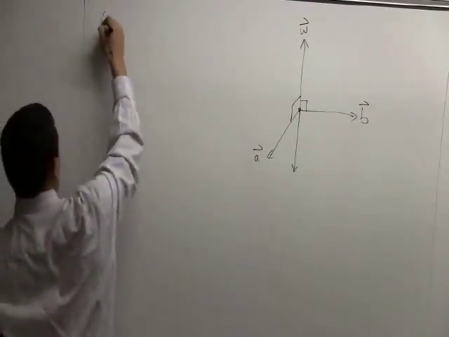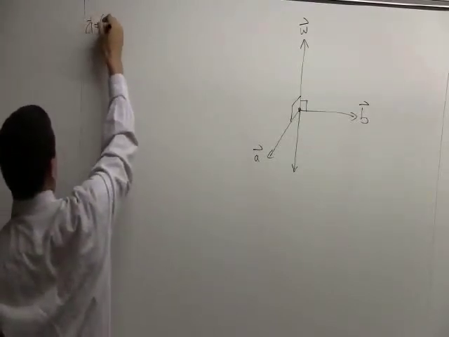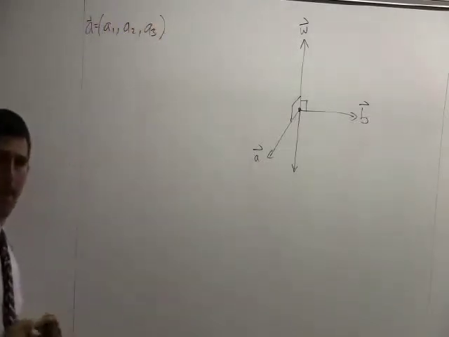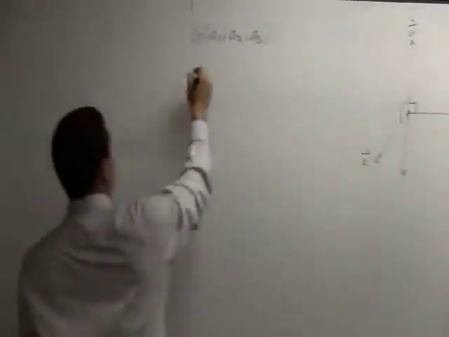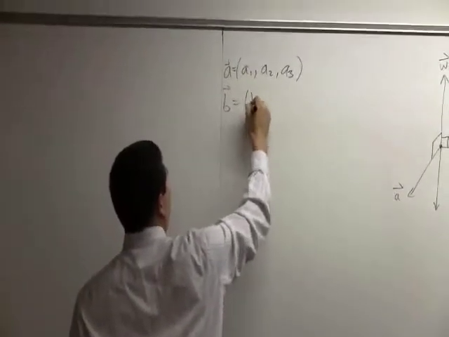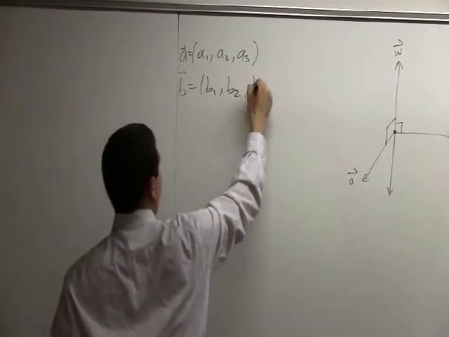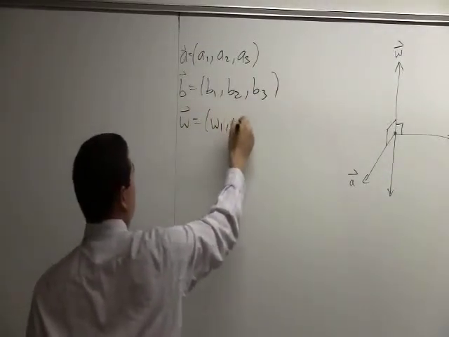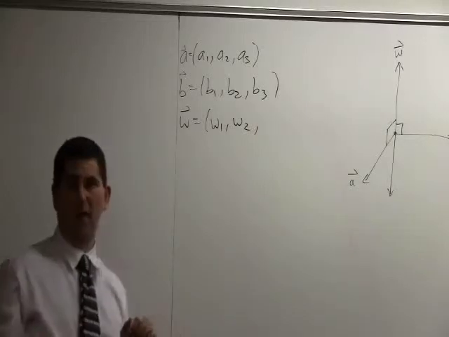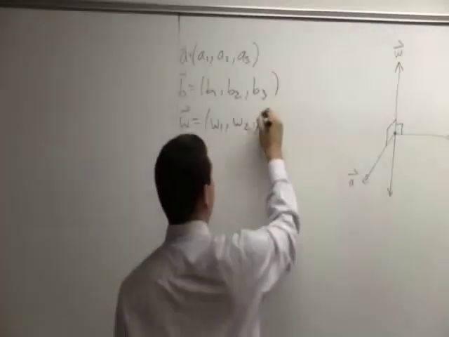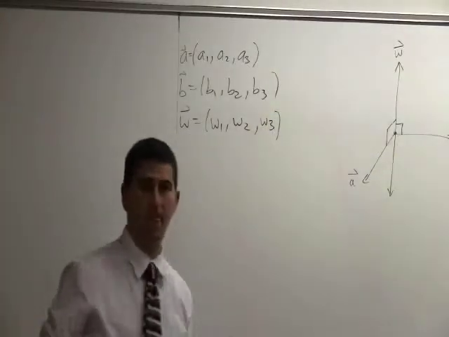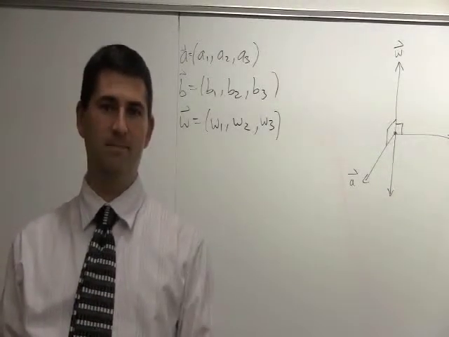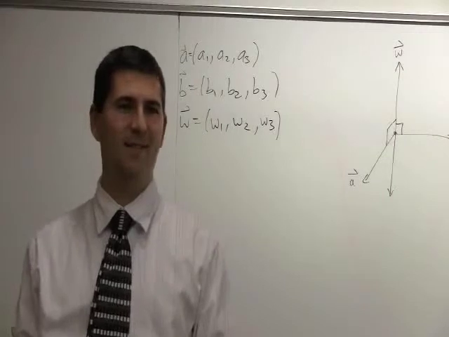So if I give names to my coordinates here, A1, A2, A3, B1, B2, B3, and W will be W1, W2, W3.